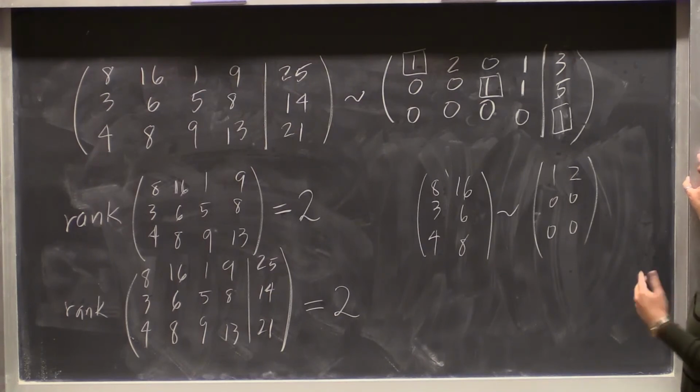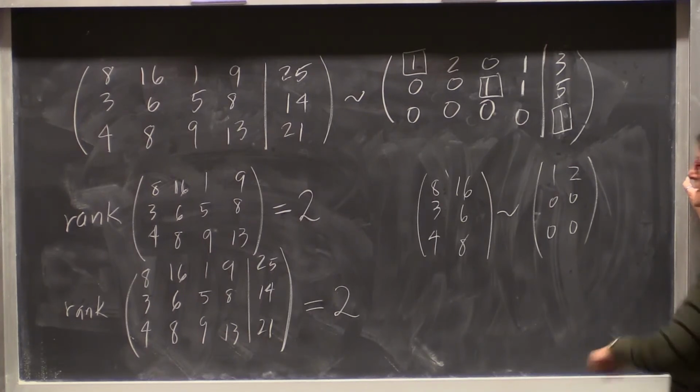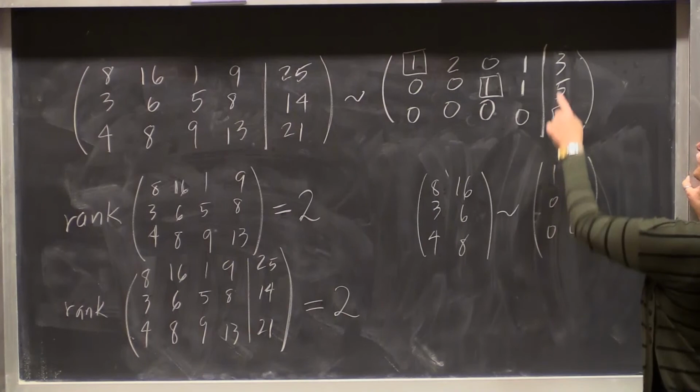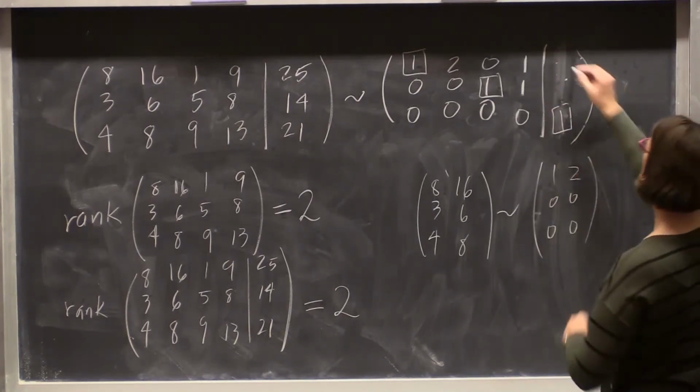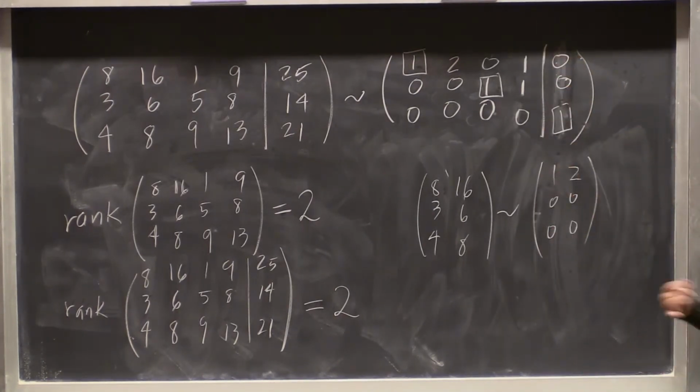If the question was, please find the reduced row echelon form, or what is the rank, you need to keep turning the crank and use this 1 to kill the 3 and the 5, at which point you are in reduced row echelon form.